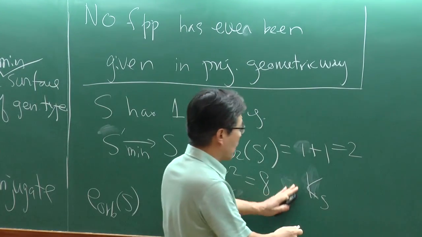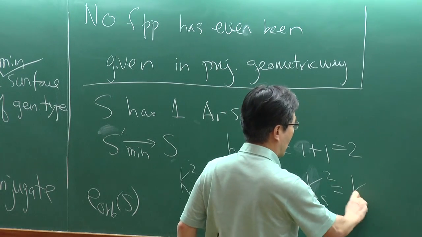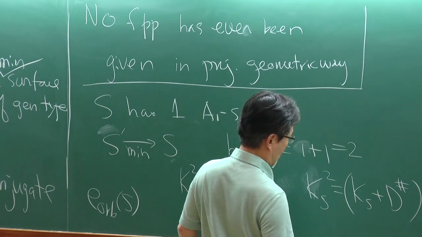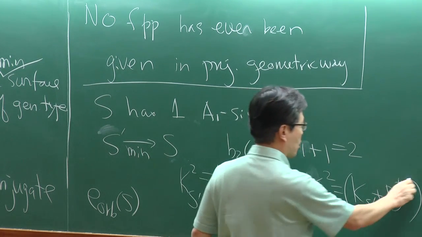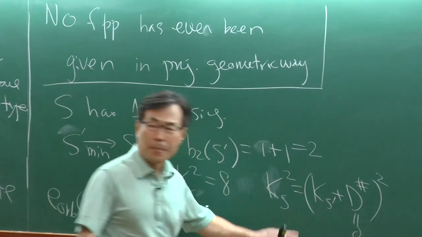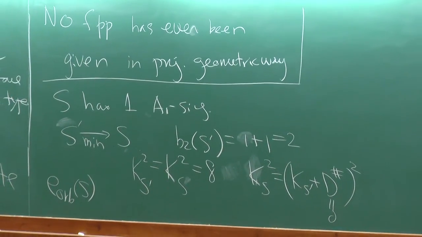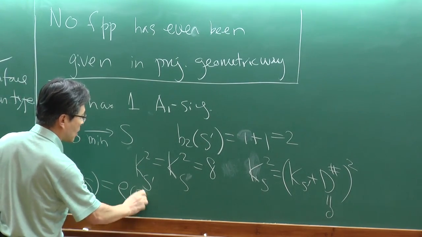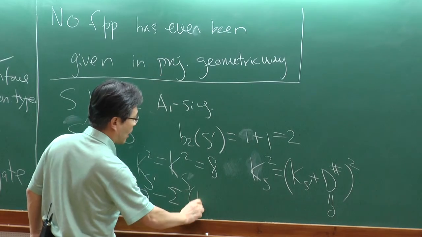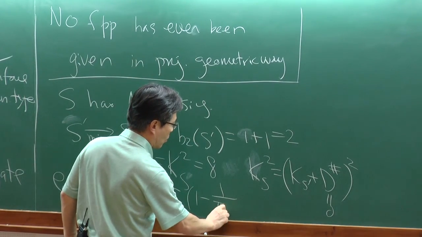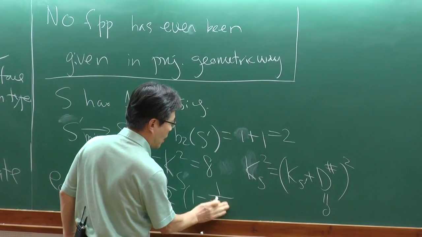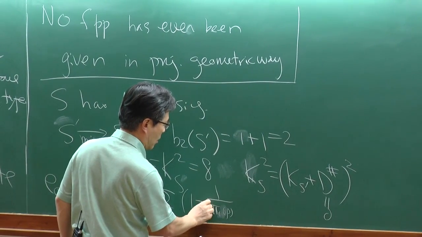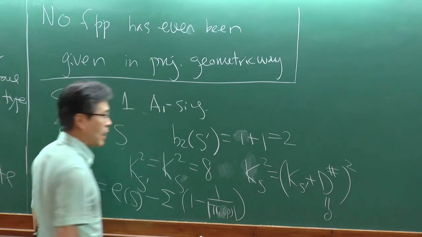and K_S squared is nothing but (K_S prime plus D sharp) squared. In this case, this is equal to 0. And the orbifold Euler number is just the Euler number of S minus the sum over each point P of 1 minus the inverse of the order of the local fundamental group at each point P. This is not a good notation, but this way.